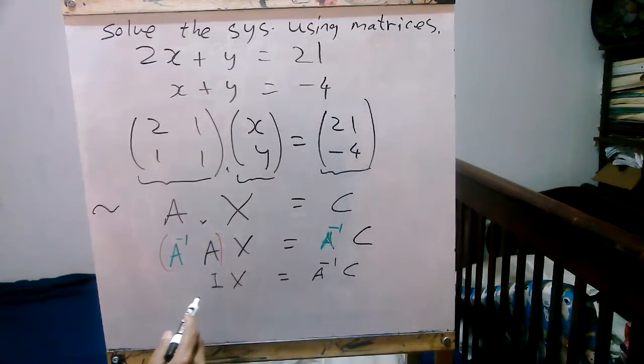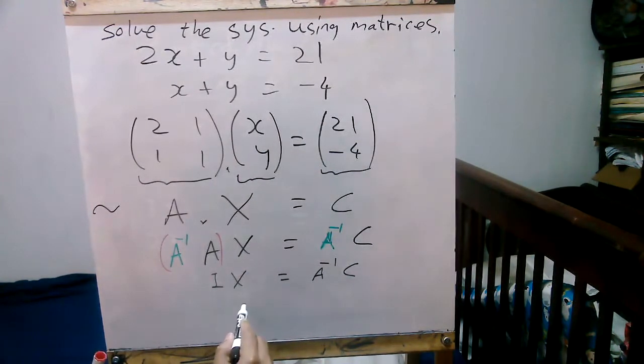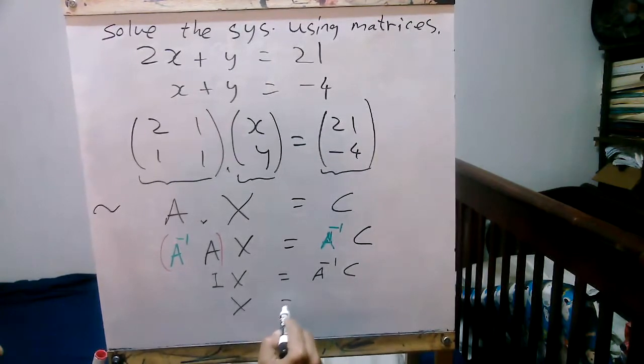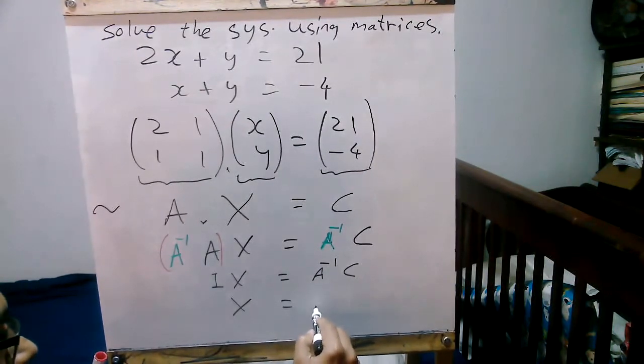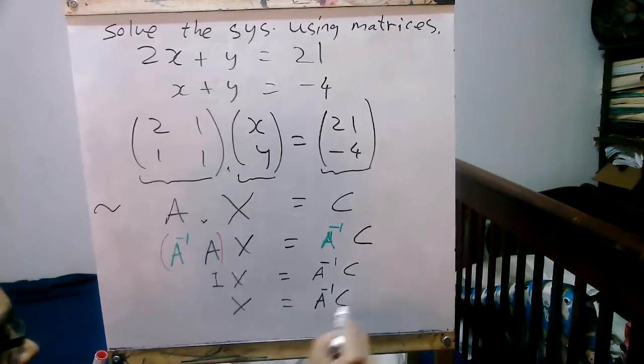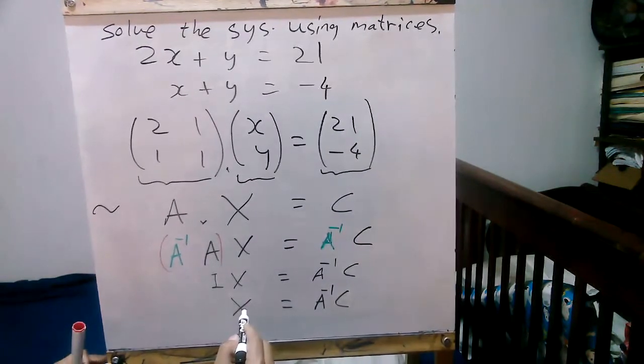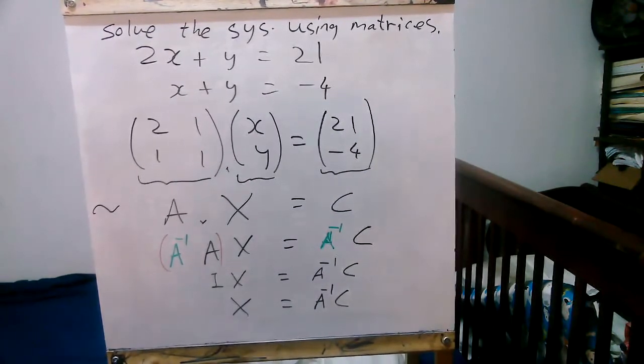I times X is the same as X, equal to, on the other side, A inverse C. Once we get X, we are done.